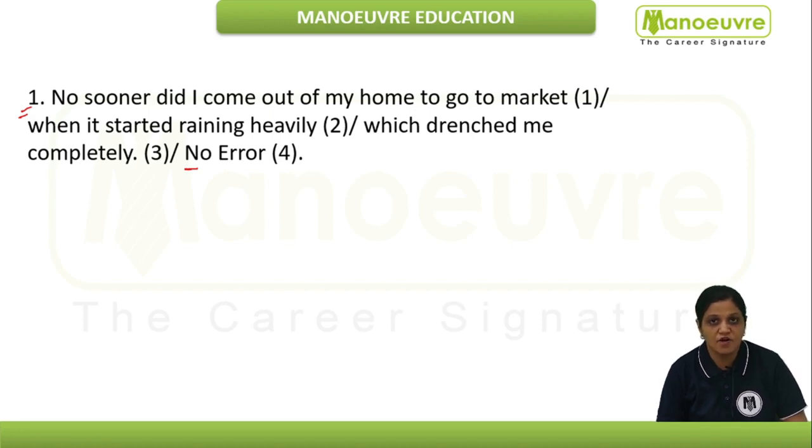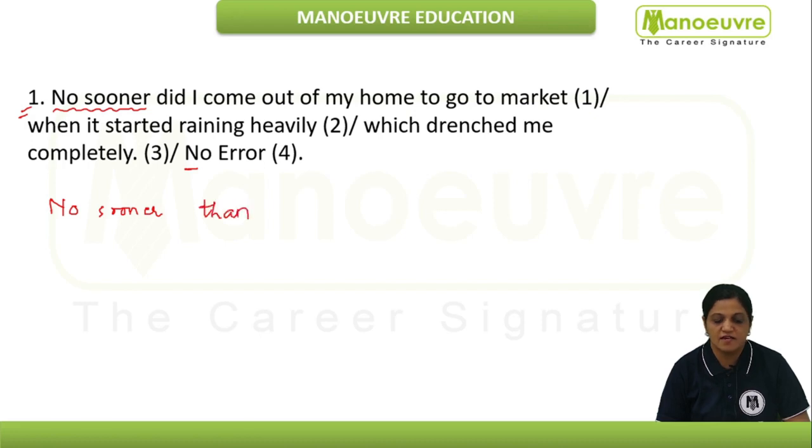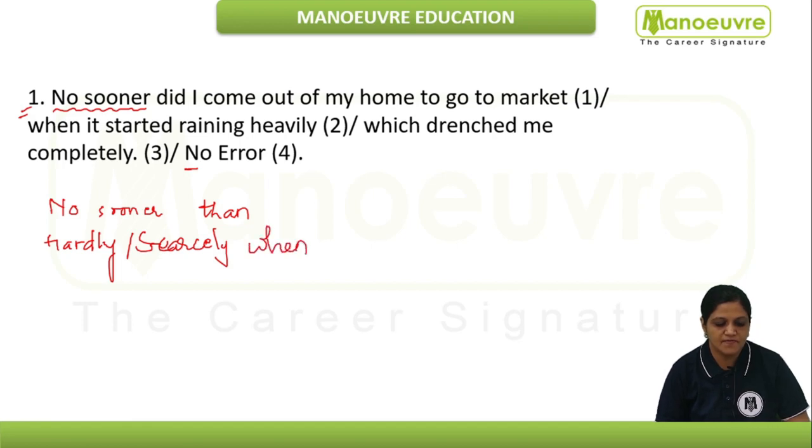Yes, we have got the error in this sentence. No sooner. Now the sentence is starting with no sooner. We know the commonly used pairs of words, like no sooner is associated with then. Hardly and scarcely are used with when, and as is used with a pair of as.